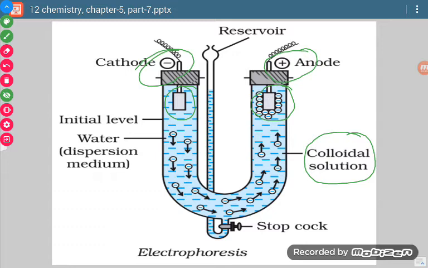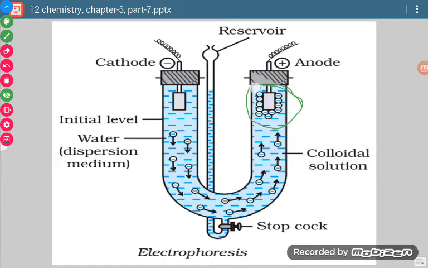Now whatever is the color of the colloidal sol, when current is passed, at a particular electrode there is more concentration of the particles, so that color will be seen very dark there, and on the other end it will be very light, or it may be considered as zero.